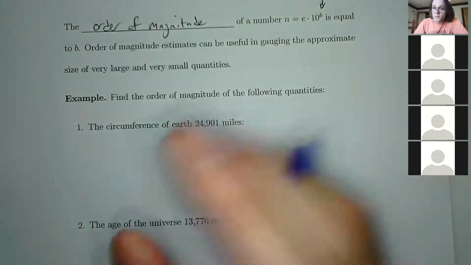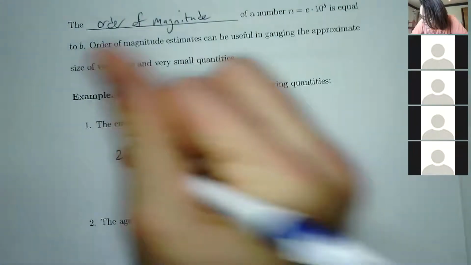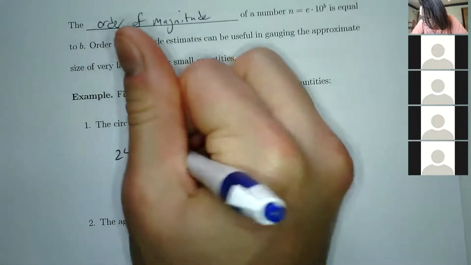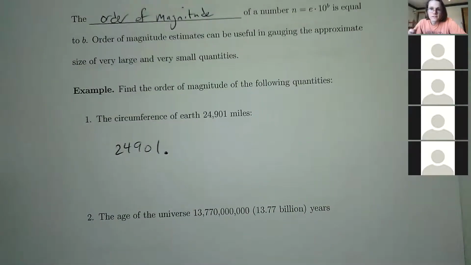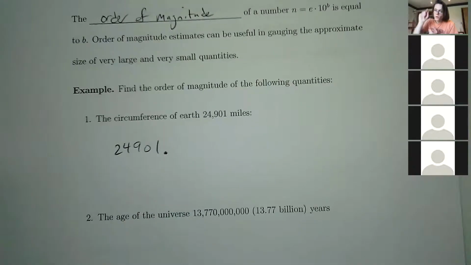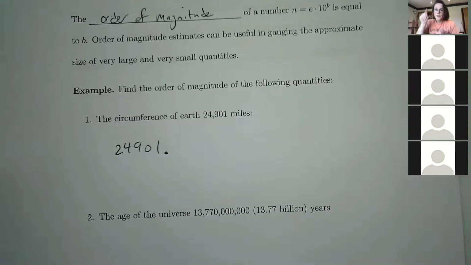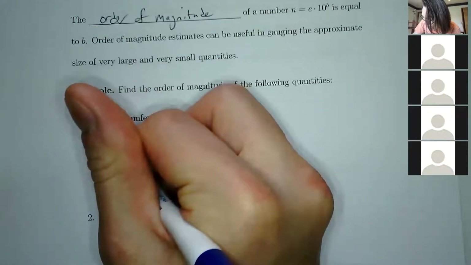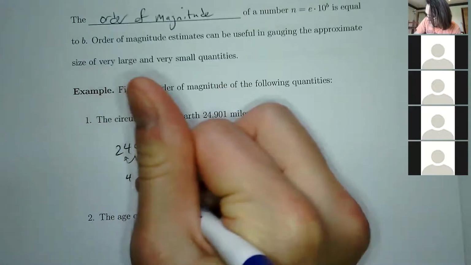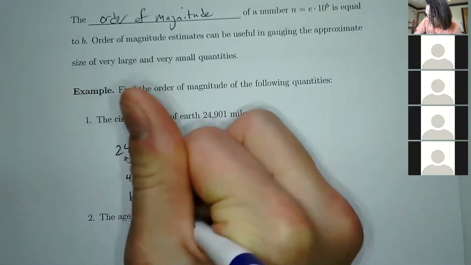So what I'll do is just like before, I'll rewrite it, 24901. My decimal point, it's an integer, so my decimal point is right at the end. If you don't have a decimal point, it's at the end, it's an integer. And so I want to make it 2.4901. So I'm going to move it 4 places to the left.